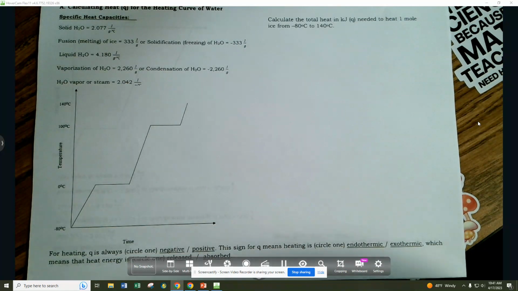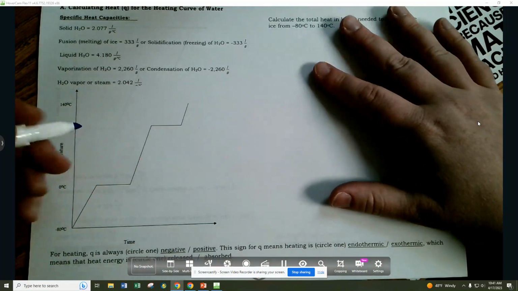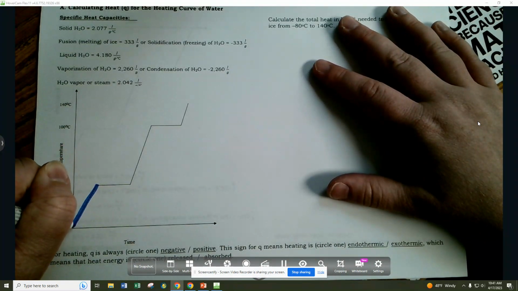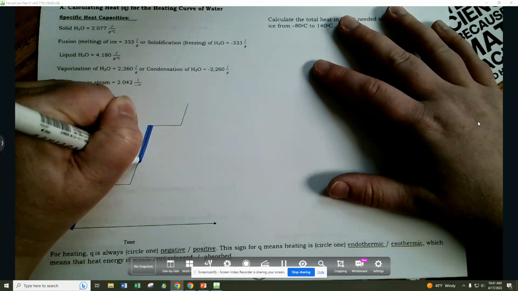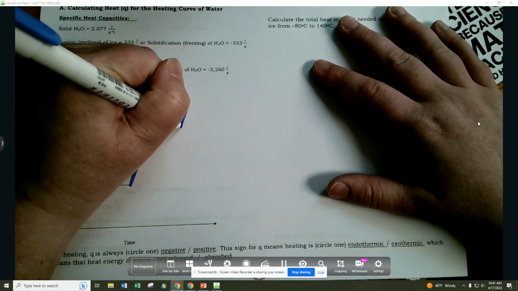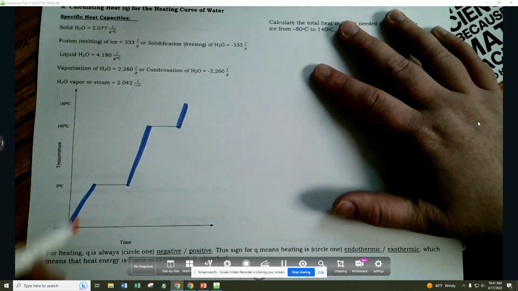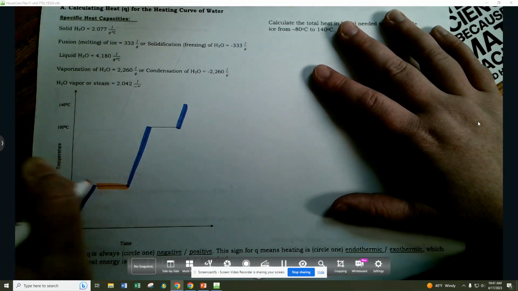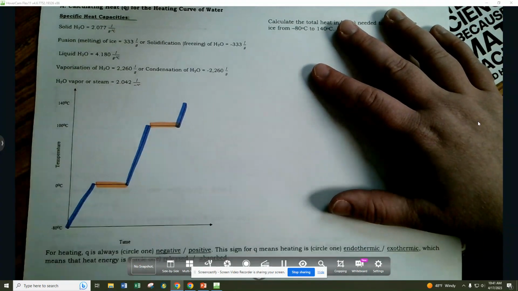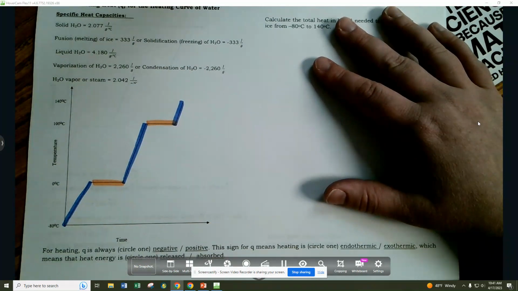So again, anywhere that has a slope, meaning a change in temperature, this is where we have the heating of a phase occurring. Wherever we have a plateau is where we are just in one state of matter.